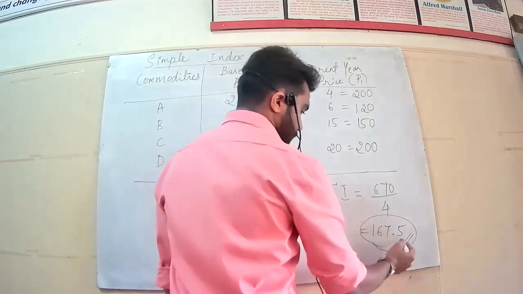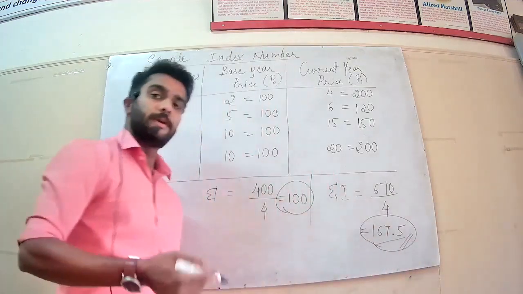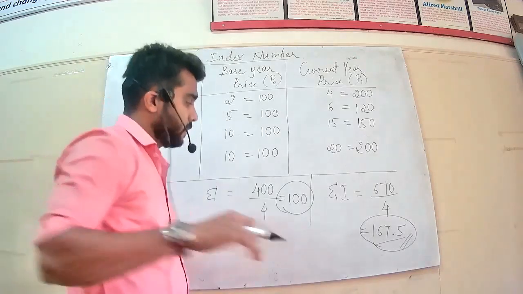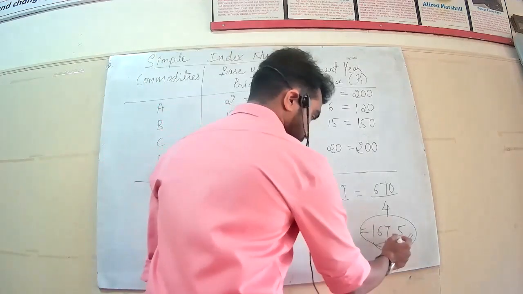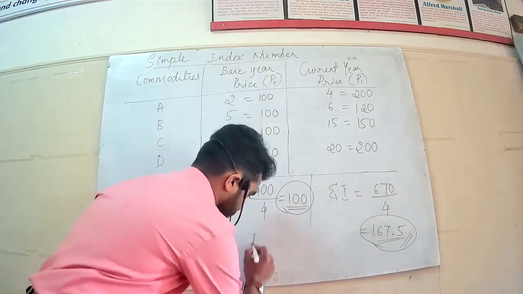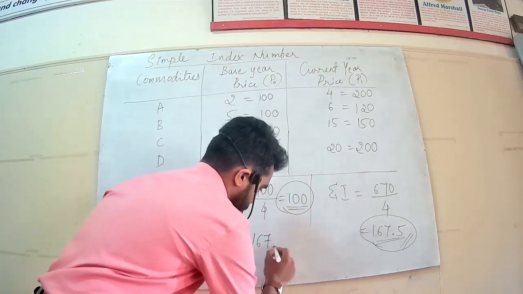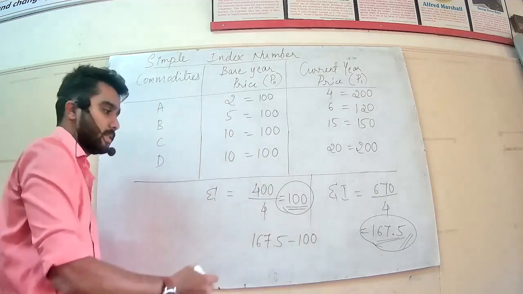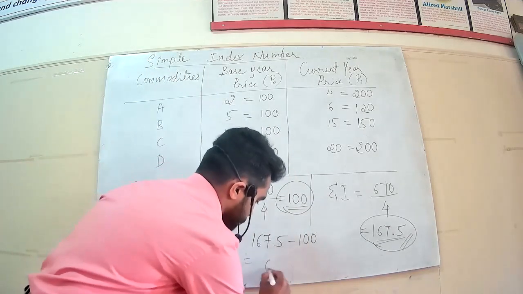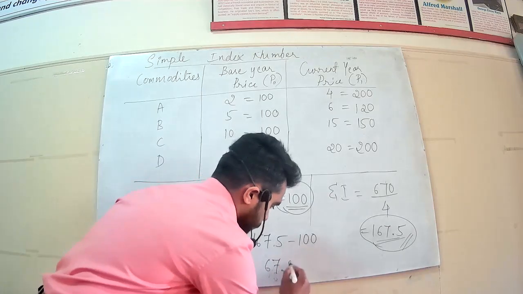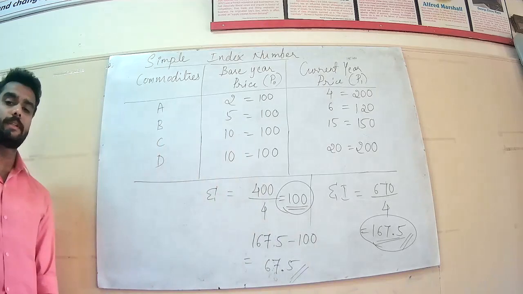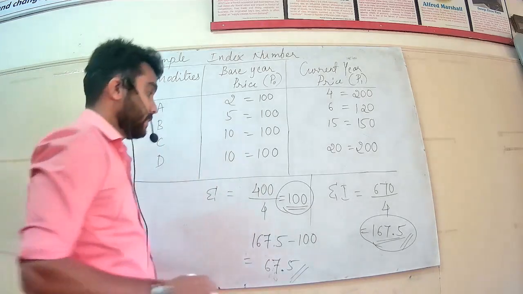Now you subtract the base year index value, that is 100, from 167.5, and you will get 67.5. The index number is mentioned in terms of percentages.